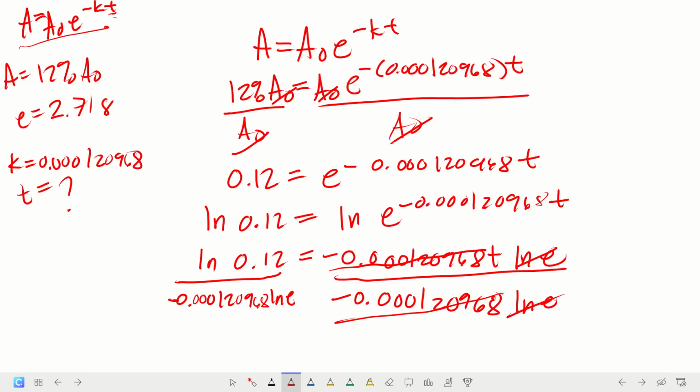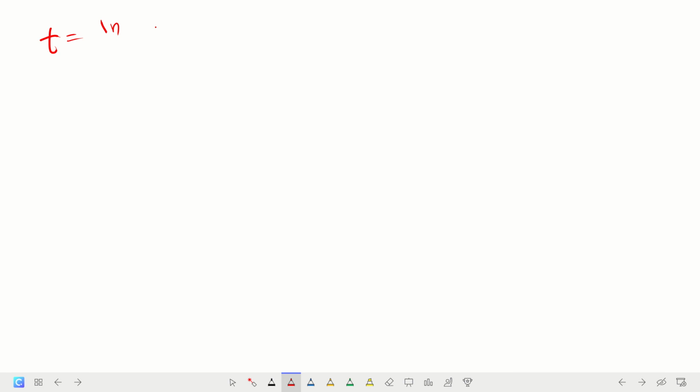So, t is equal to the natural logarithm of 0.12 divided by negative 0.000120968 times the natural logarithm of e.